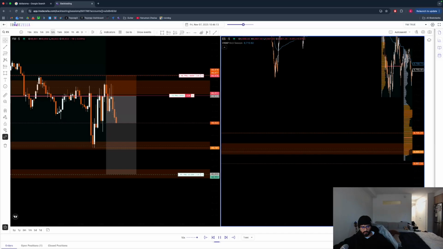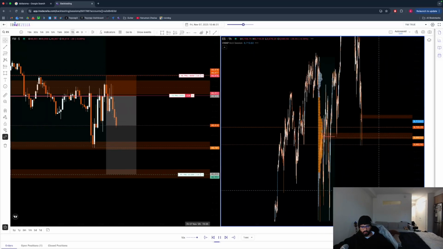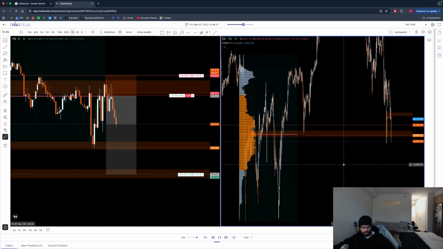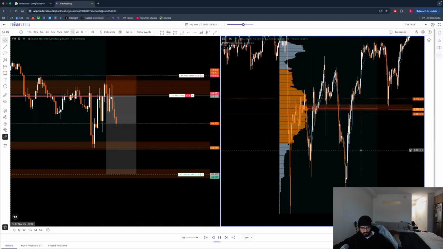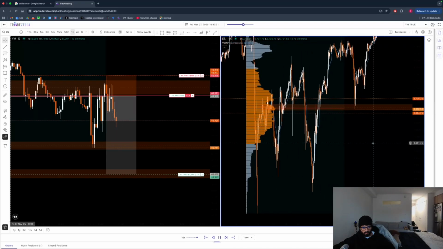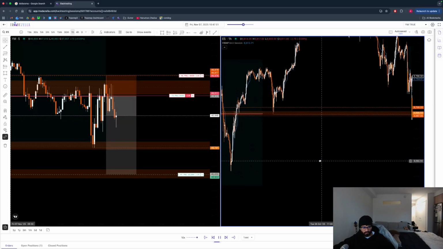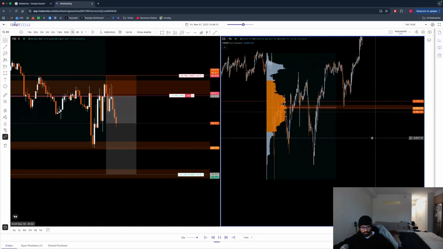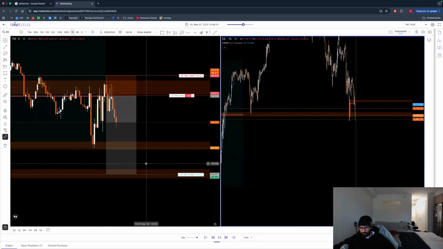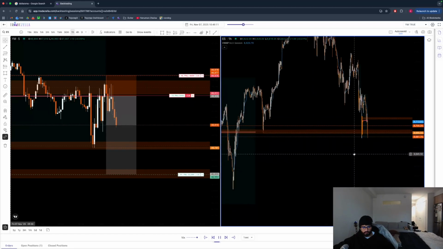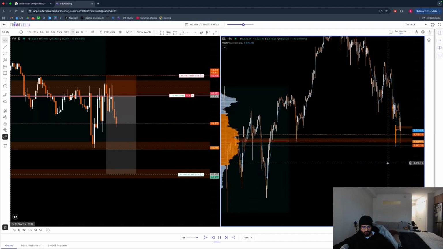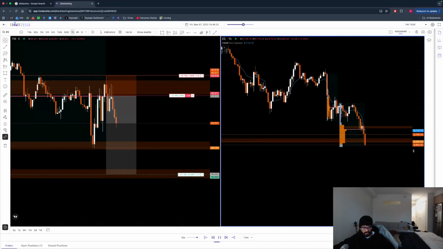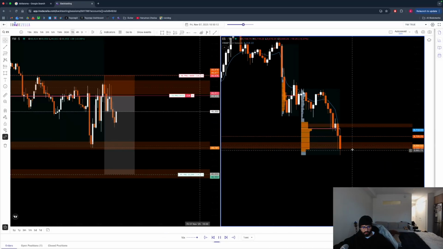I feel quite good. I'll zoom out to the 1 hour on ES. I can take a look at other targets, but yeah, I feel quite comfortable holding this, especially if we close below this zone.